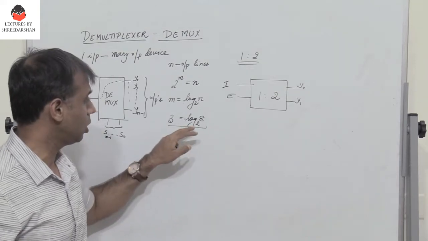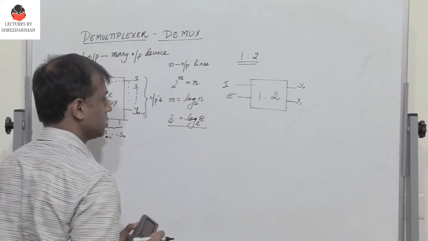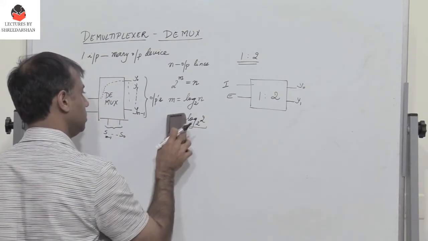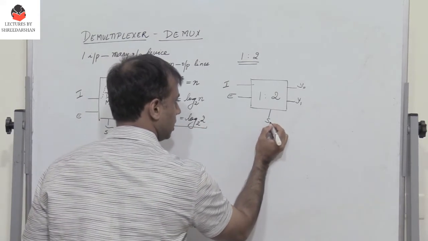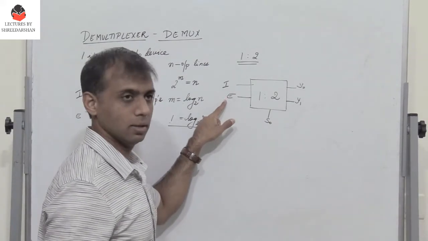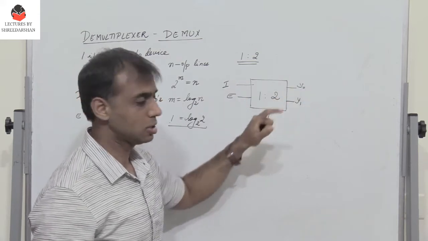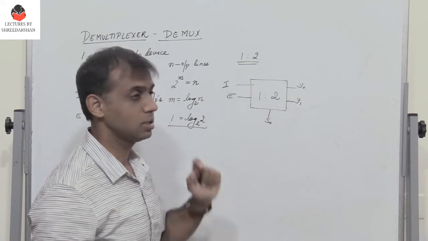It would be log 2 to base 2, so m is 1. We need one select line, let the select line be S0. So when enable is 1, when S0 is 0, I appears at Y0. When S0 is 1, I appears at Y1.